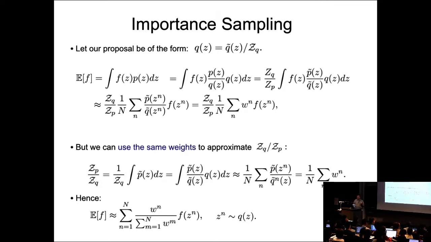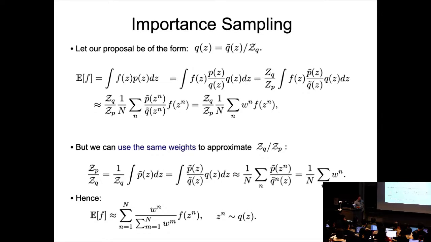It's a very neat trick: anytime you're trying to estimate an expectation of some function f with respect to a probability distribution that you can't sample from and can't evaluate, and the only thing you can evaluate is its unnormalized probability, which in many cases you can do, you draw samples from your proposal distribution Q, compute these importance weights, take the weighted average, and you get your estimator. Okay?